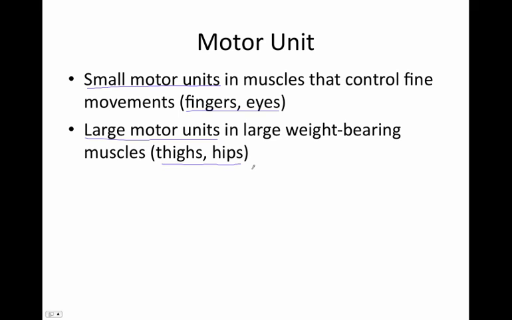We don't have a lot of a need for fine movement within these large motor units. So we're going to see motor units that have a different structure to them in terms of what they're controlling. So small motor units for finesse movement, large motor units for more crude, larger muscle movement.